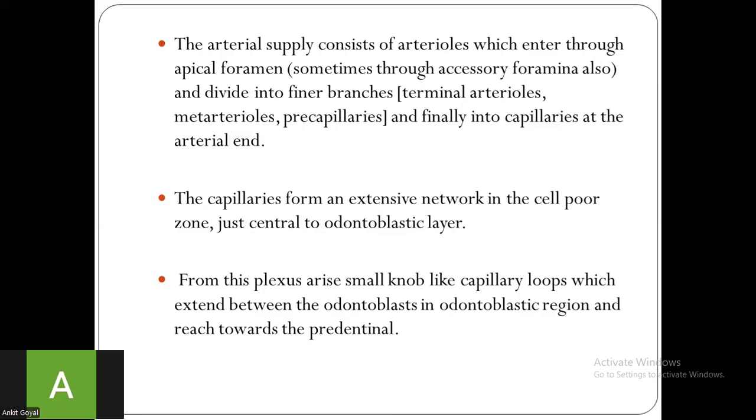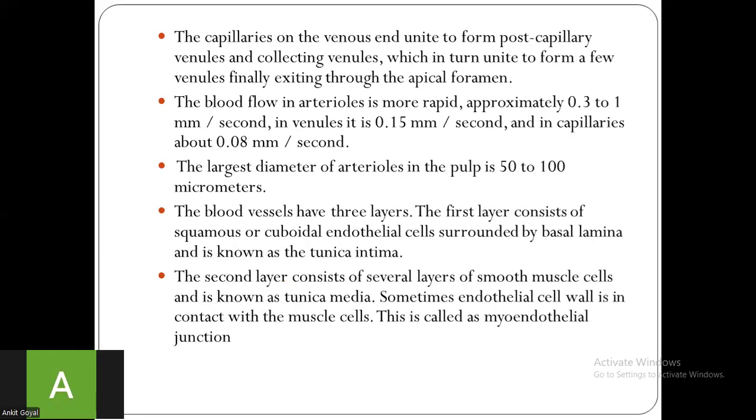These capillaries form an extensive network in a cell-poor zone just central to the odontoblastic layer. From this plexus arise small knob-like capillary loops which extend between the odontoblasts in the odontoblastic region and reach toward the predentinal layer.